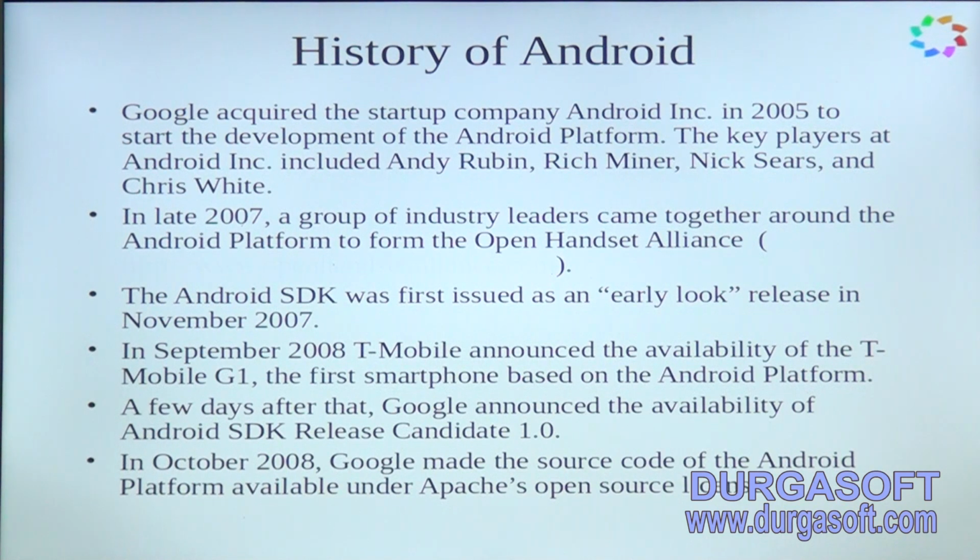Regarding the history and founders of Android, the key players in its incorporation were Andy Rubin, Rich Miner, Nick Sears, and Chris White. These 4 people were the main key players in developing Android, the mobile OS, which we are now talking about as an Android platform.